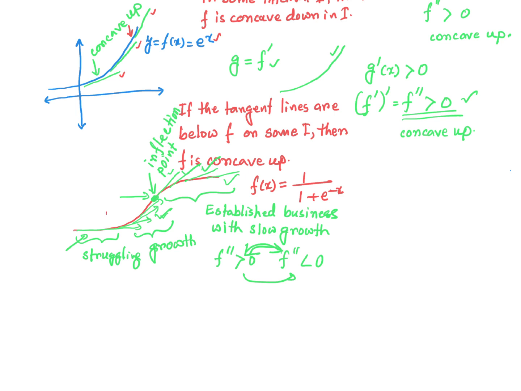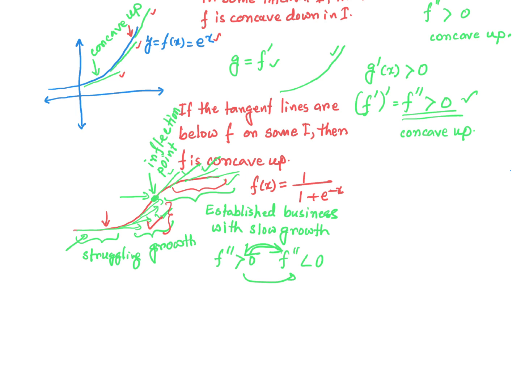Then there was a period of rapid growth. Now these corporations are in this region where their growth is slow. They are growing, but slowly. It's not like the growth in this region where growth is very fast. So this is what an inflection point is, where the concavity changes.